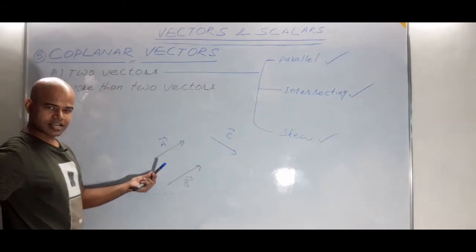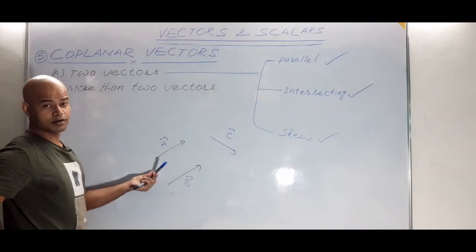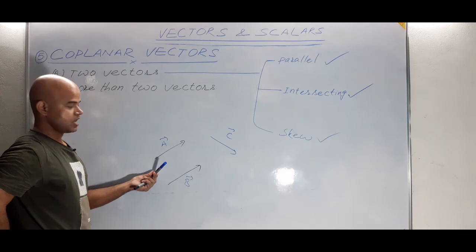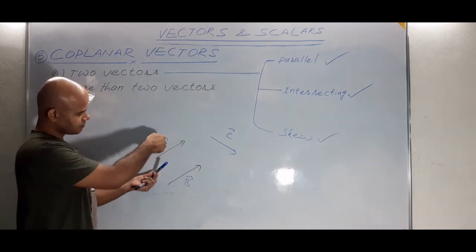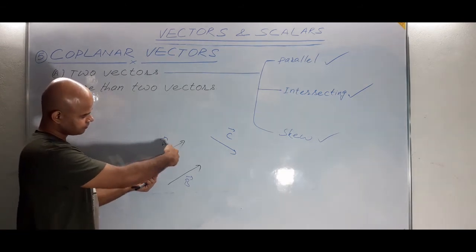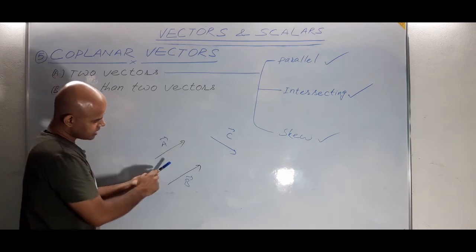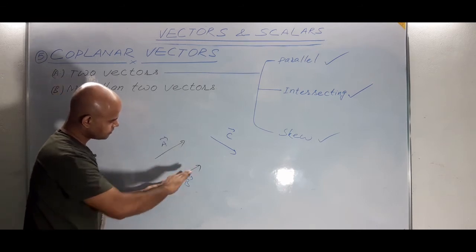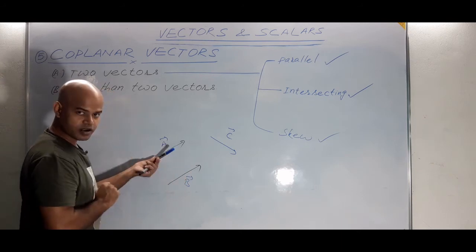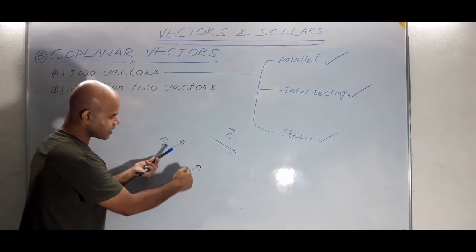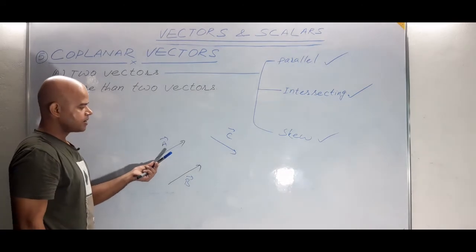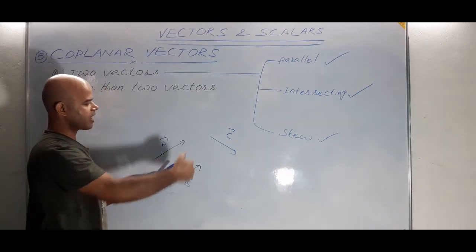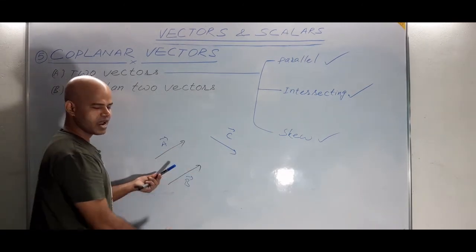Now, can you take these three vectors in one plane? Is it possible? Never. You can take A vector and D vector in one plane. You can take B vector and D vector in one plane. You can take A vector and B vector in one plane. But you can't take all these three vectors in one plane at the same time.